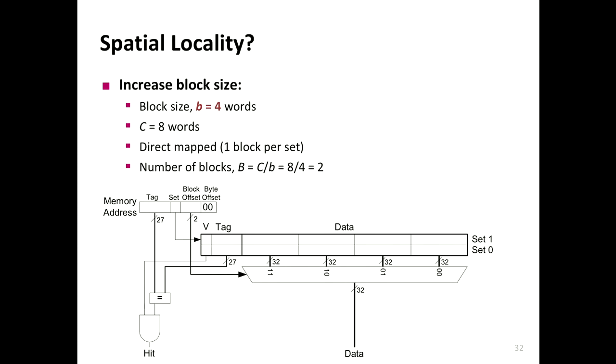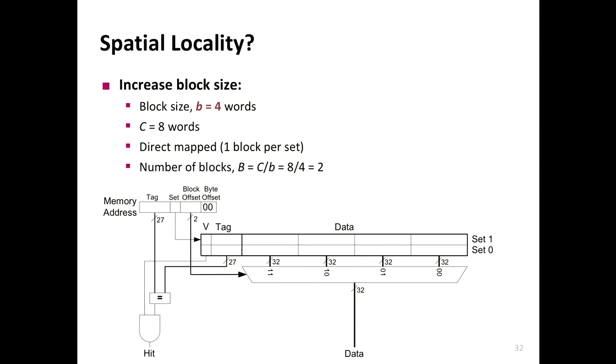If you remember, you read data from consecutive memory addresses. So instead of reading just one block, you are going to read a number of blocks at the same time. And thus, if you increase the block size of your cache, you can potentially increase the performance of programs that require spatial locality.